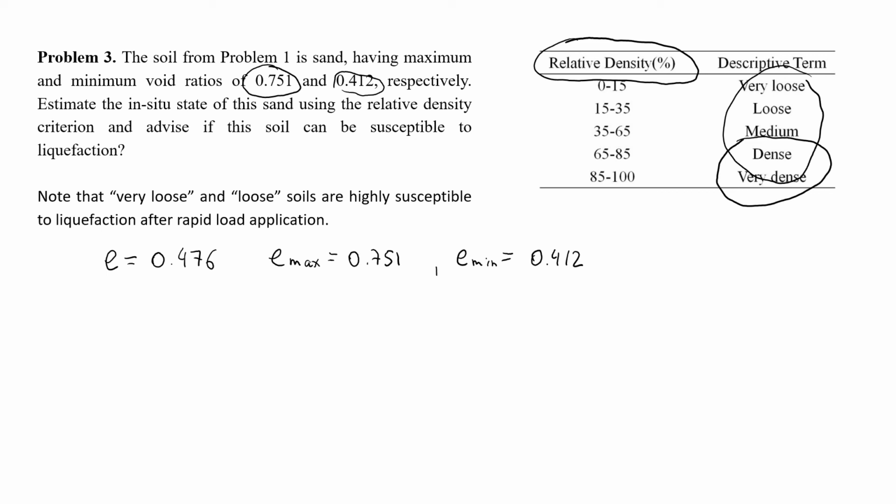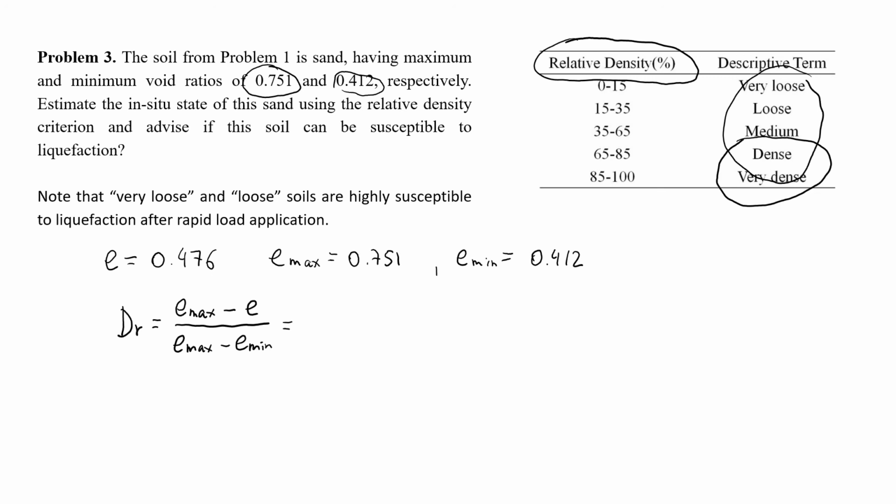So apparently this soil has a void ratio in the range between the maximum and minimum values. We'll see if it's closer to its maximum value or its minimum value. We're going to use the equation for the relative density, which is maximum void ratio minus void ratio of the soil in situ in the field, divided by maximum void ratio minus minimum void ratio.